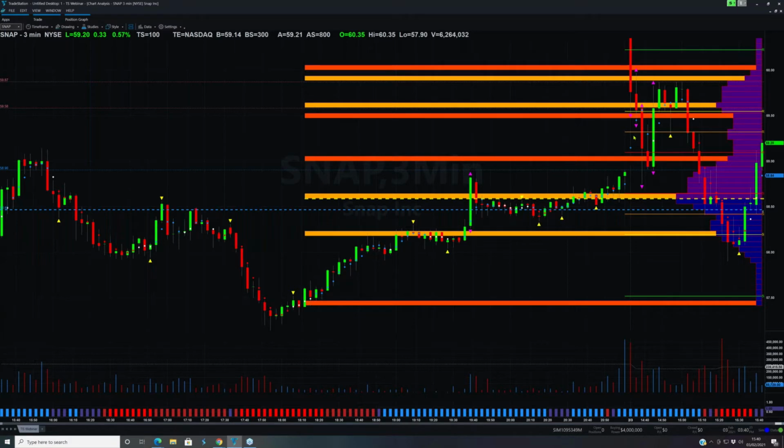And don't forget, you also have to read this against what the index is doing. This is in the NYSE, and you say, is it a risk on day, is it a risk off day? Individual stocks will tend to follow the general market sentiment.